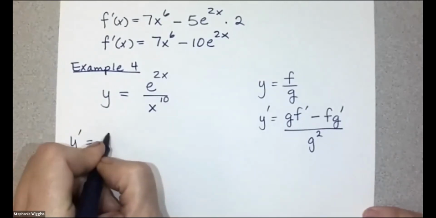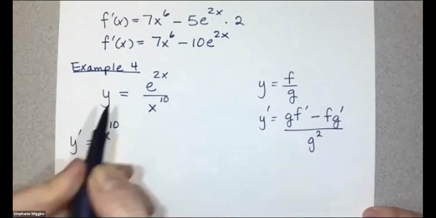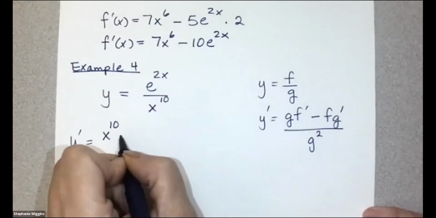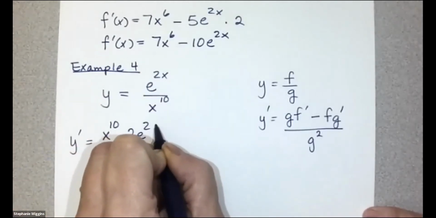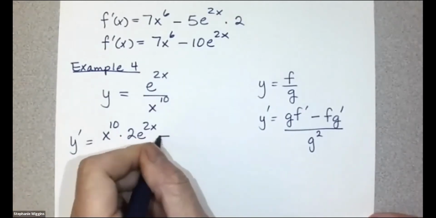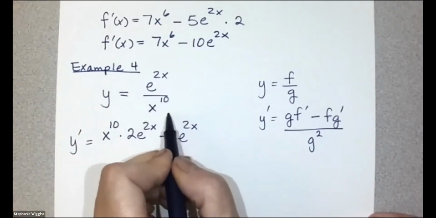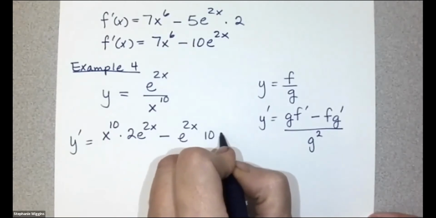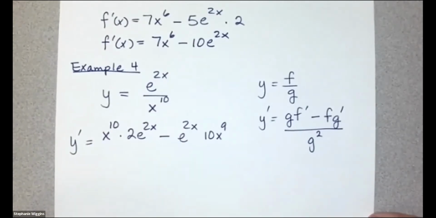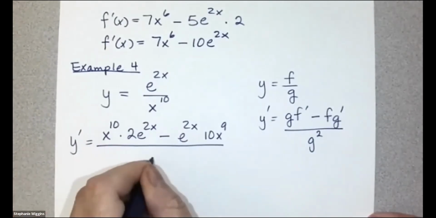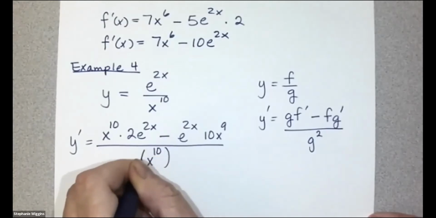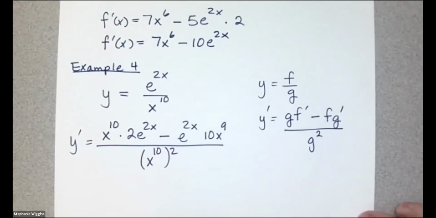So the bottom function times the derivative of this, remember we showed that that was 2e to the 2x, minus the top function, which is e to the 2x, times the derivative of this power function, which is 10x to the 9th, all divided by x to the 10th squared.